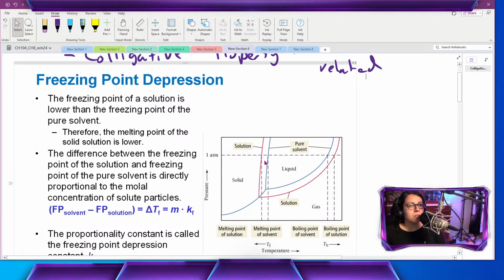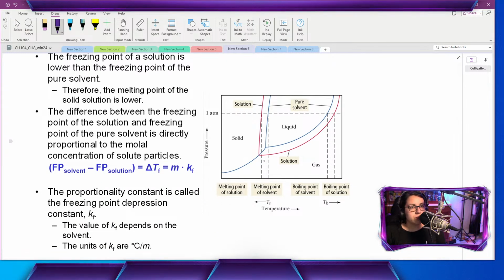And so we also have this little graph here, which is nice. I can't remember if we've seen one before in this class. I feel like we haven't. So let's kind of walk through this. So this is just a temperature versus pressure graph that is showing us what states of matter it is in. Admittedly, this is not labeled as a specific solvent. So let's just say it's water. And our pure solvent line is along here.